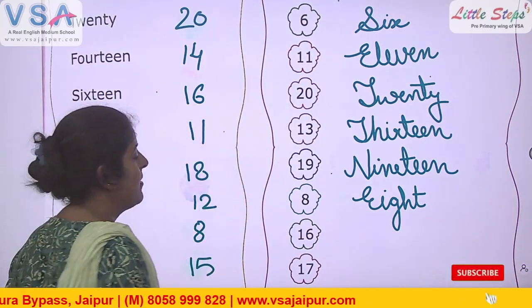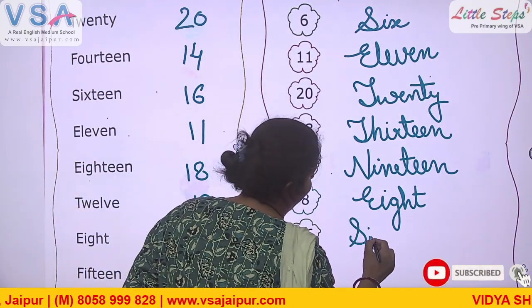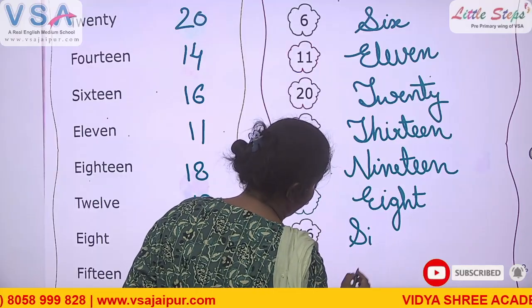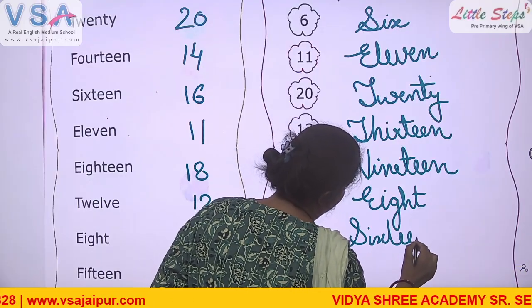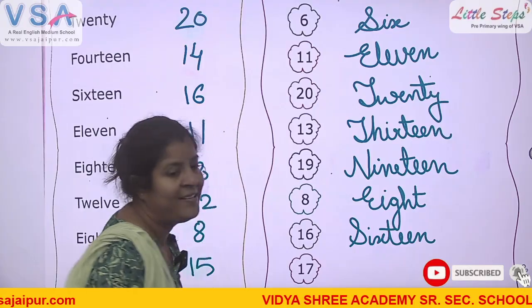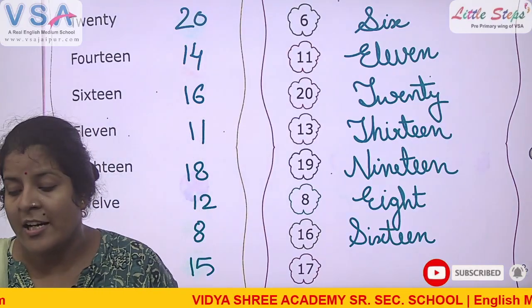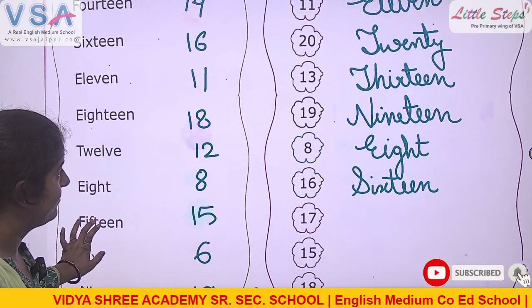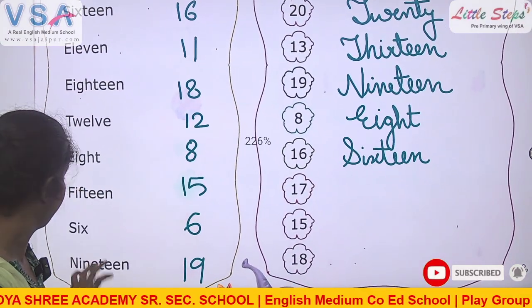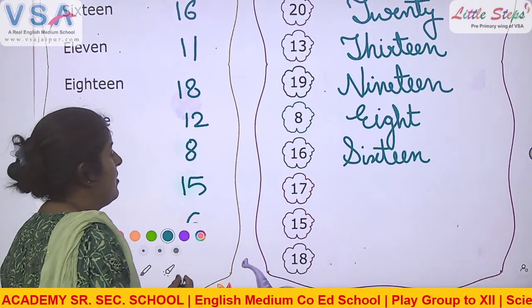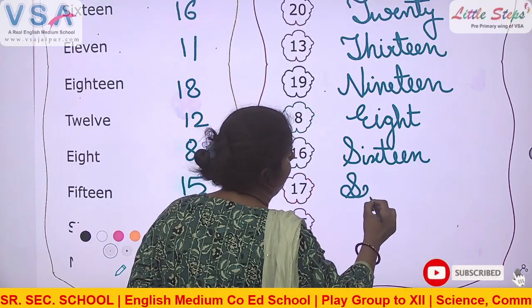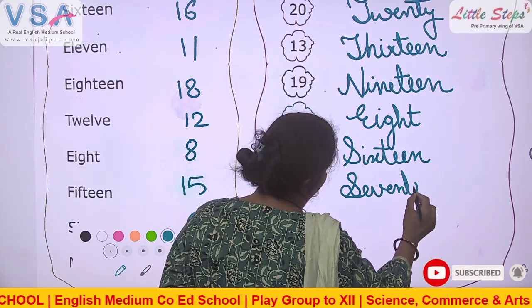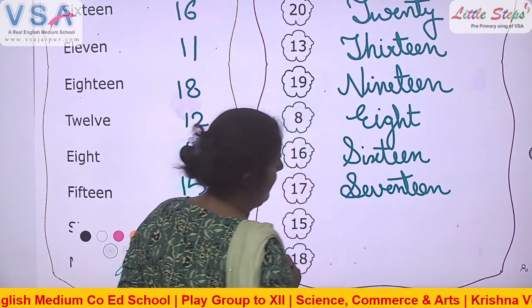Next number. What is the spelling of 16? SIXTEEN, 16. Write fast. Next, 17. SEVENTEEN, 17.